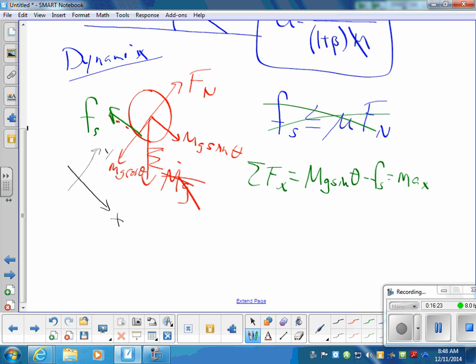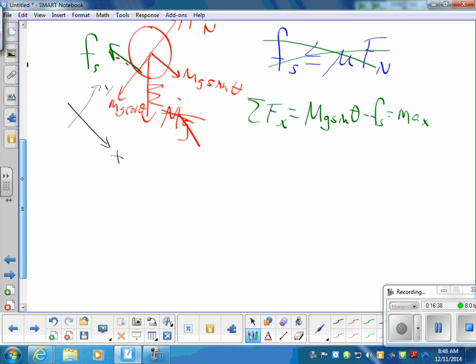And it should be frustrating not to sub something in for the static friction force. We always sub in something for the static friction force, and you're just not going to. Too bad. What other equation am I going to write? What other dynamics equation am I going to write?